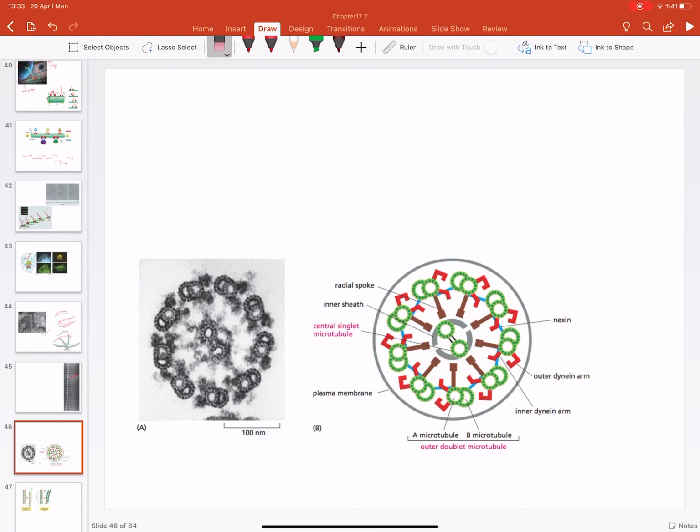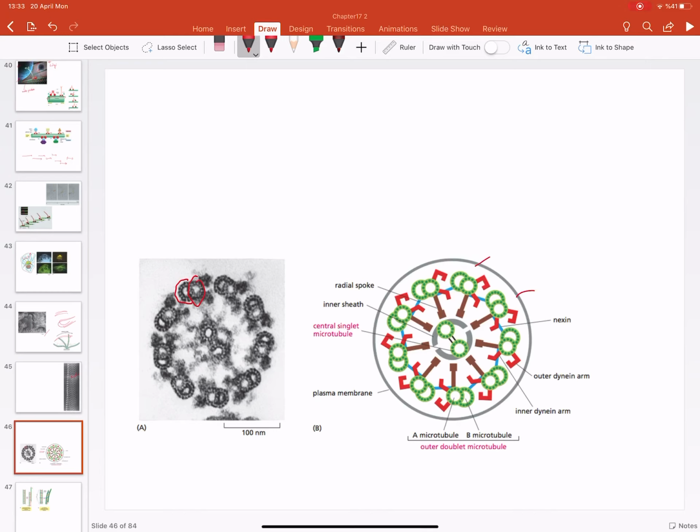Now the microtubule structure in flagellum is a little bit different from the microtubule structure in the rest of the cell. It doesn't have these 13 protofilaments anymore. Well, it has it, plus it has this half croissant shape protofilaments.